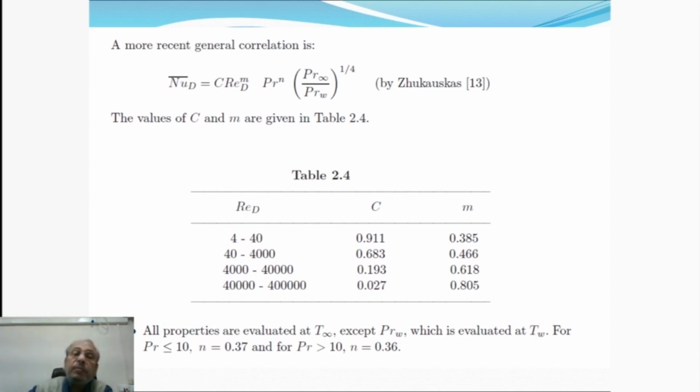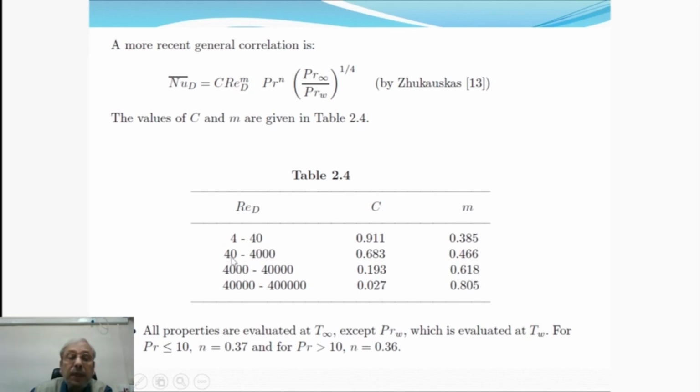Now, I will explain the meaning of all the symbols and notations. C and m are given by this table. You can see that for different Reynolds number ranges, we have different C and different m. For Reynolds number in the range between 4,000 and 40,000, C is 0.193 and m is 0.618.